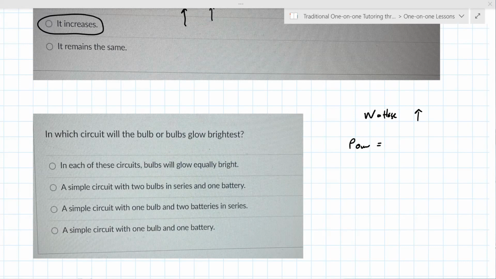Are these all in series? Looks like a circuit with 2 bulbs in series and 1 battery. Just give me a moment here to find a reference.